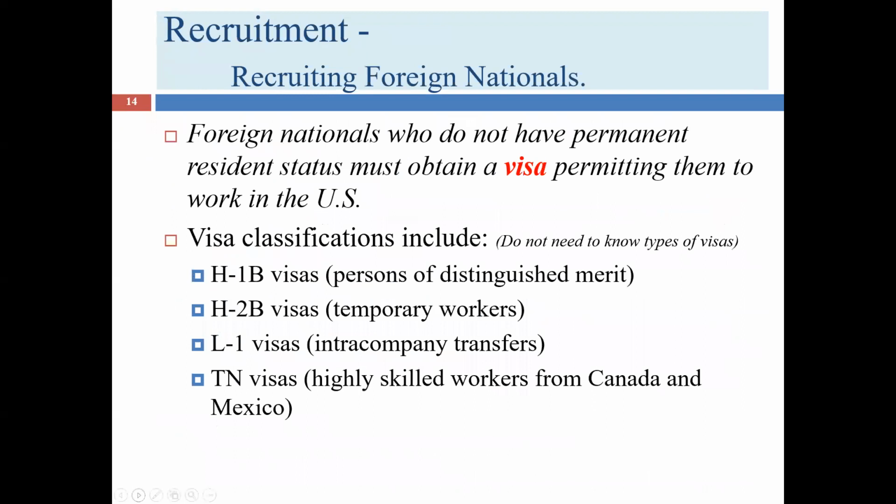Labor and employment attorneys usually don't do a lot of immigration work. Although they work closely with immigration attorneys, it's a pretty specialized, rarefied area to complete the visa applications and things along those lines. And so you, instead of the attorney, might be the person who has the contact with the immigration attorney.